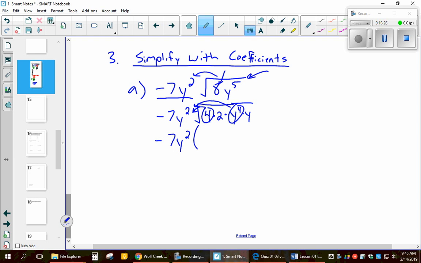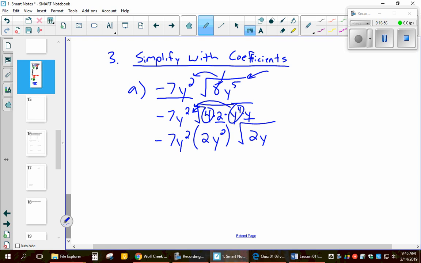So this 4 that I pulled out, what does that come out as when I take the square root of 4? 2, right? So this came out as a 2. What does this y to the 4 come out as? Y to the 2, right? Half, it'll always be half of the exponent. So y to the 2. And then I still have left in here a 2 and a y.